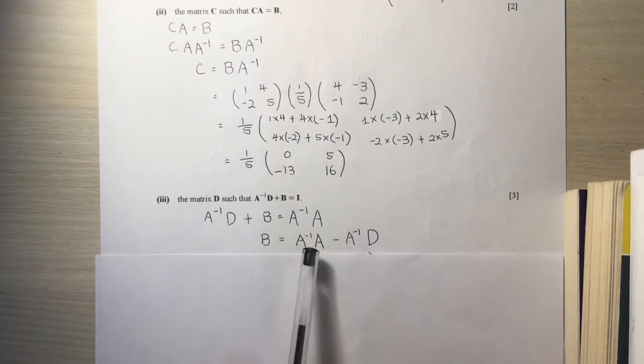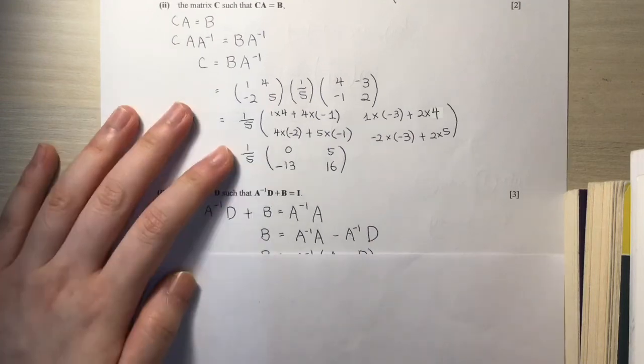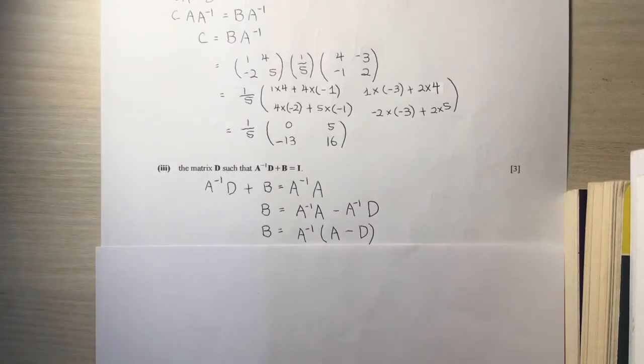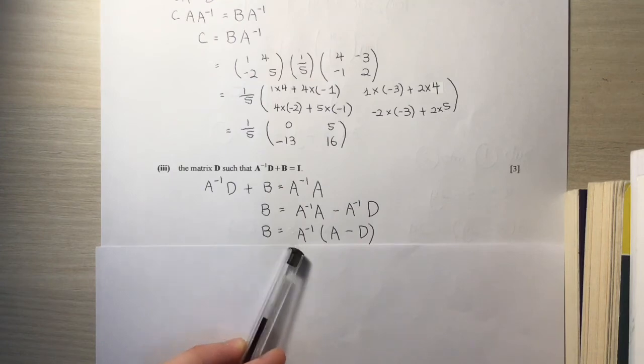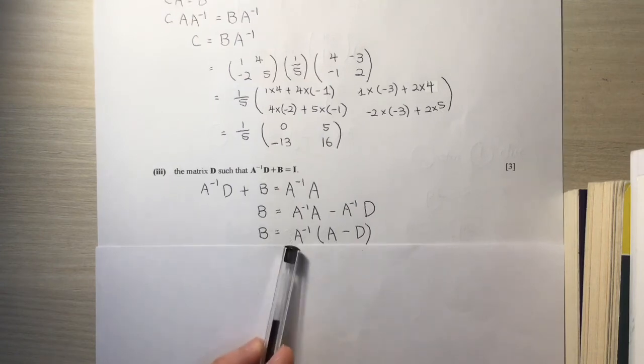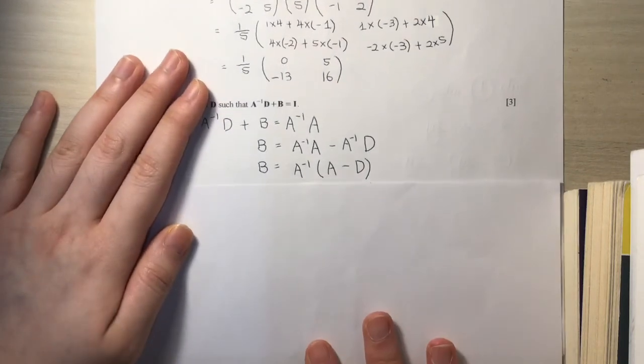So it becomes A, the inverse, multiplied by A minus A, the inverse, multiplied by D. Then we can further simplify it in this way. Move the inverse out of the brackets, because this is a common factor, and then we have to find A minus D. But we need to find D.